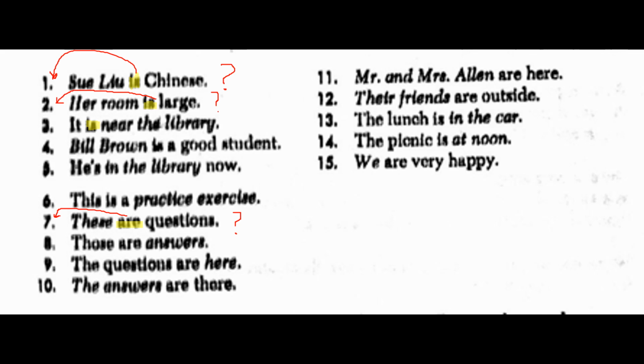Now how to make an information question. In these similar examples, Sulio is Chinese. We need to begin the information question with a question word.